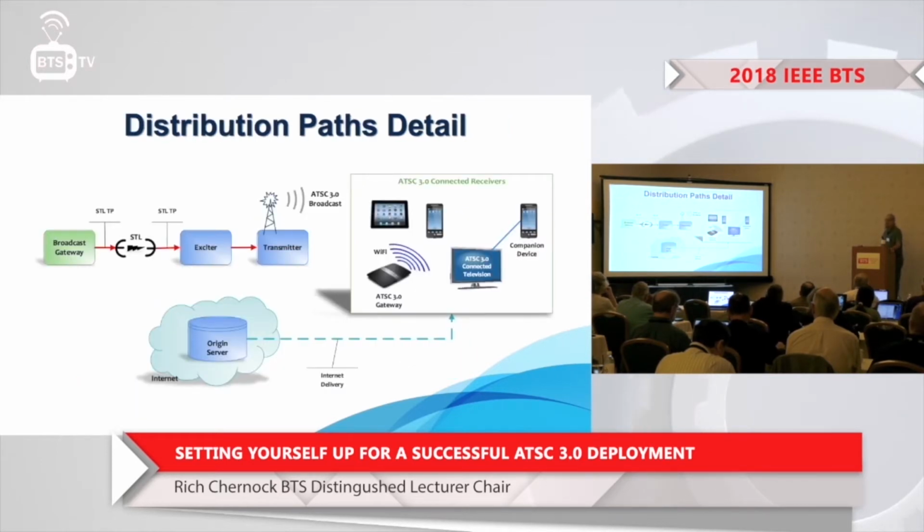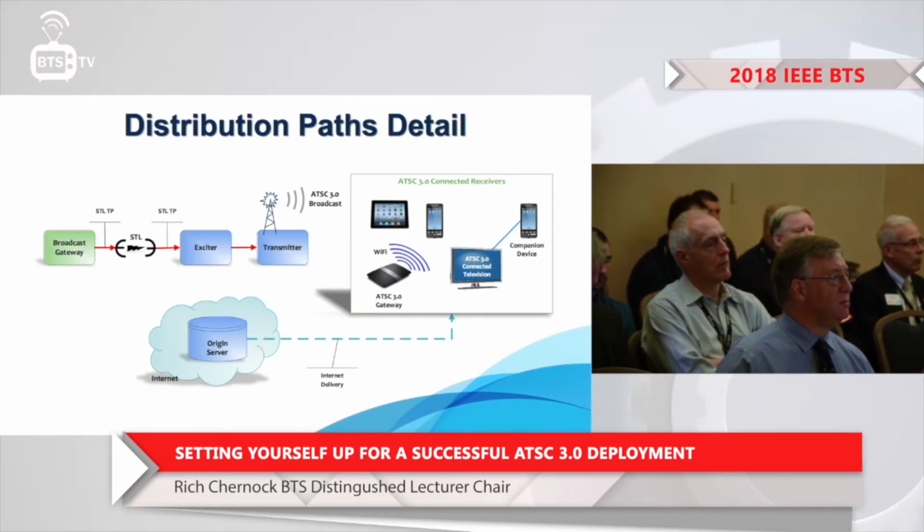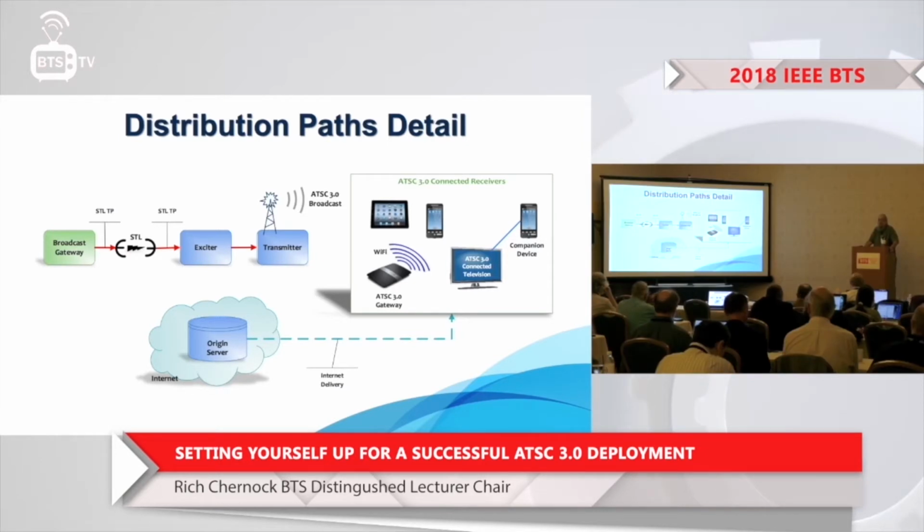So that's all in the station, that's all the bits and bytes, and now we get into the RF portion, broadcast gateway. Still have an STL. The STL is a little bit different looking than what it used to be. Quite a bit different looking. That's what Merrill's been spending a lot of his life on, getting it right.